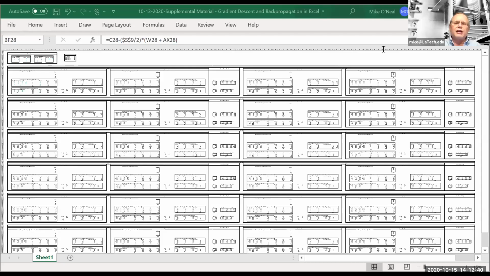The thing is that I've given you a spreadsheet that unwinds the loops, essentially, of your program. This spreadsheet has every equation in it, okay, for a very small network with a little bit of training data.